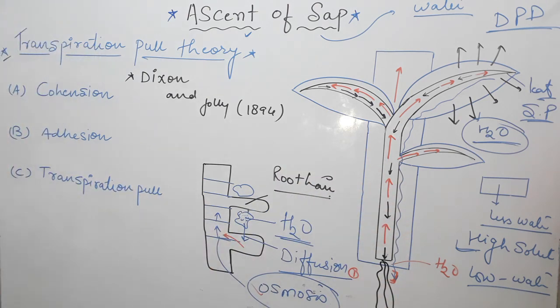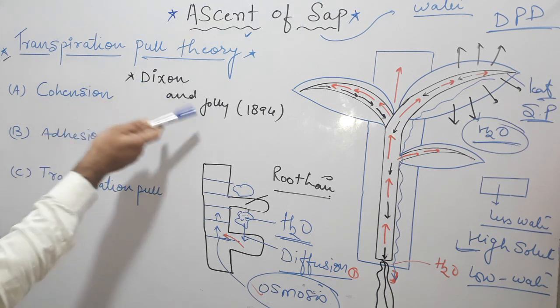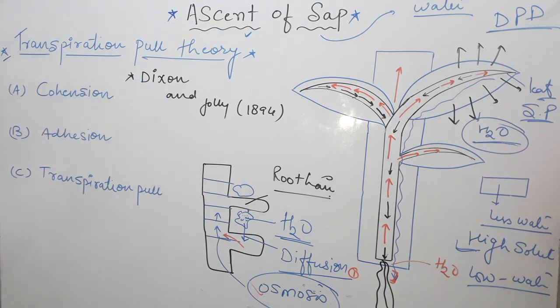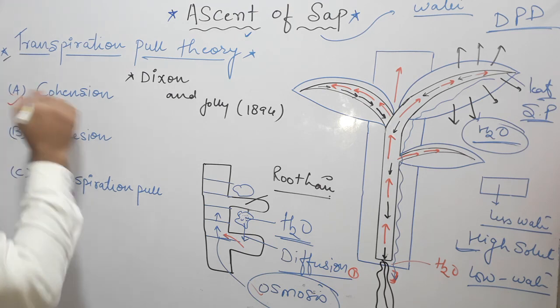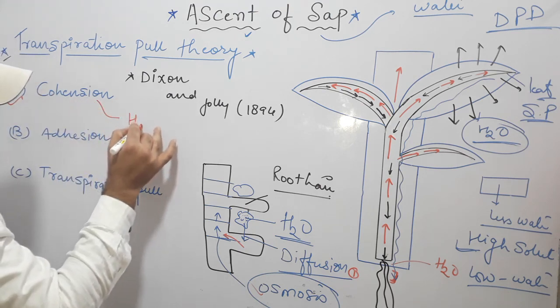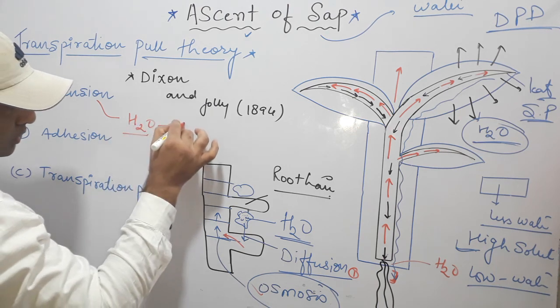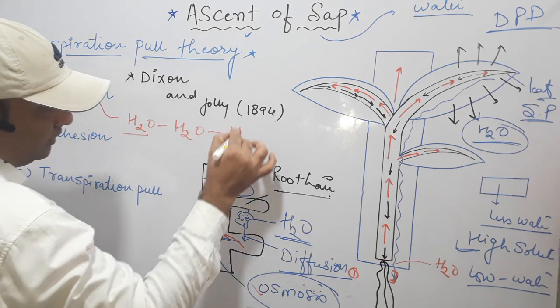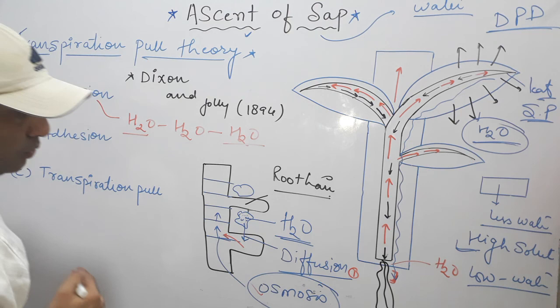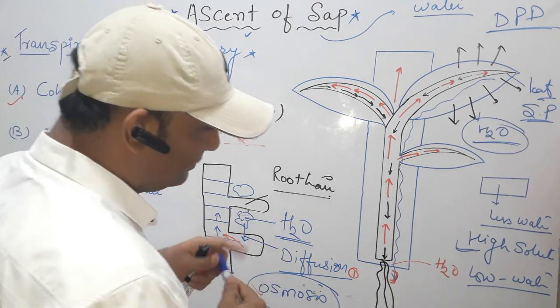Now we take the explanation proposed by Dixon and Joly. Dixon and Joly explain that water moves from soil to the different parts of the plant by cohesion, adhesion and transpiration pull. First is cohesion. Cohesion means joining of water molecules. So these water molecules join when they start here.